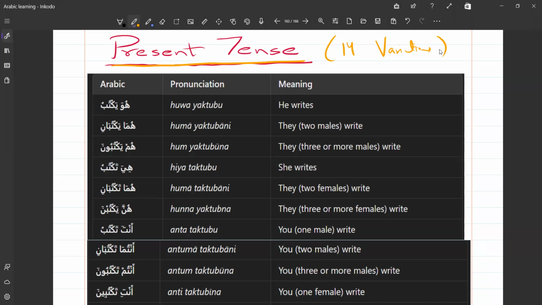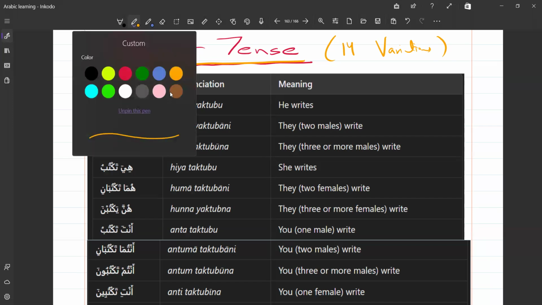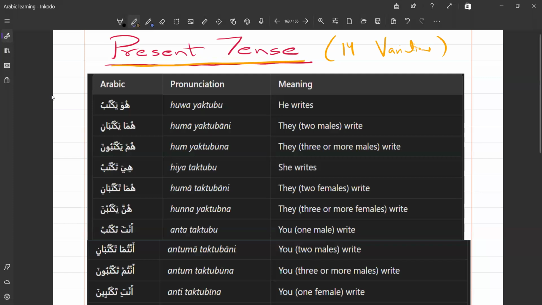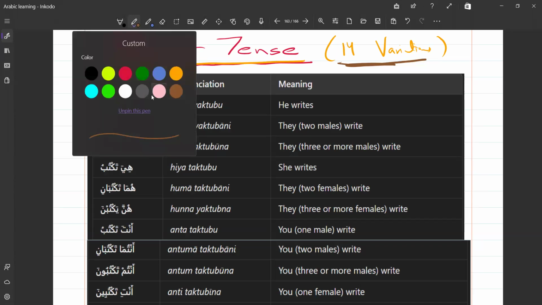We studied in the previous video that the girdan of the past tense contains 14 variations. Likewise, the girdan of the present tense also contains 14 variations that you have to learn to use them effectively in speaking, right?